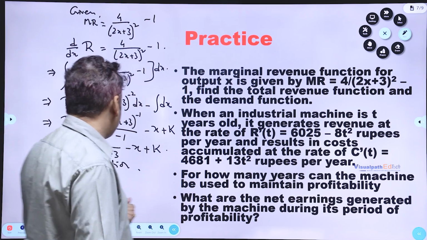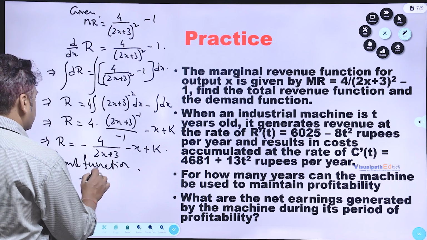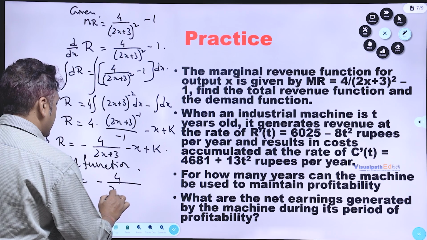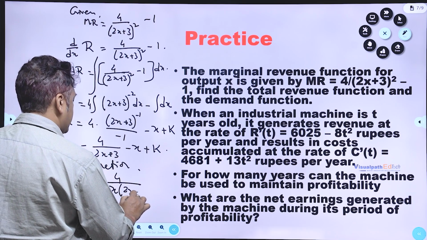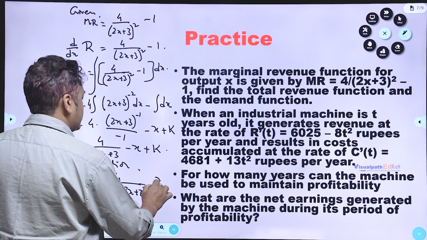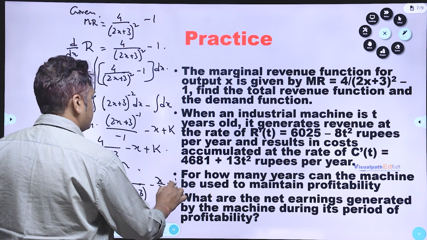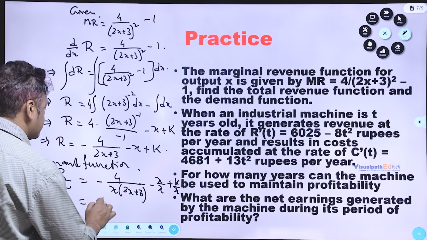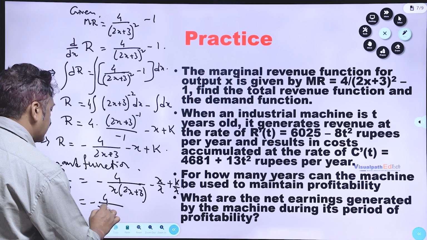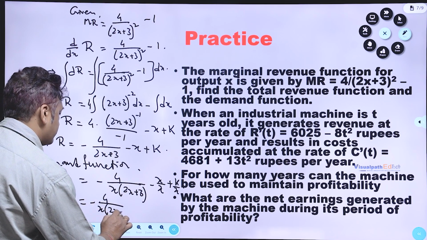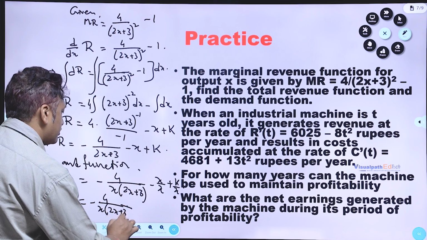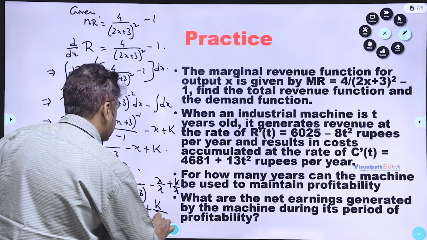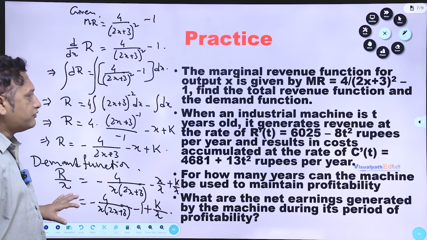It's the same as the demand function. So that will be equal to minus 4 divided by x into (2x plus 3), minus x upon x, plus k upon x. So you are going to get (minus 4 divided by x into (2x plus 3)) minus 1 plus k upon x. That will be your demand function.